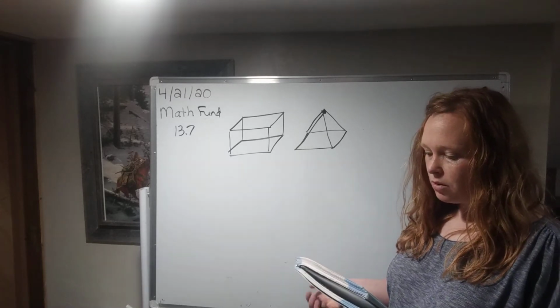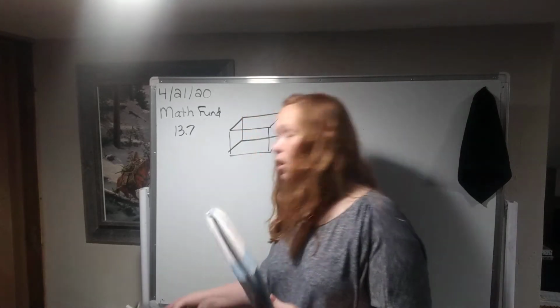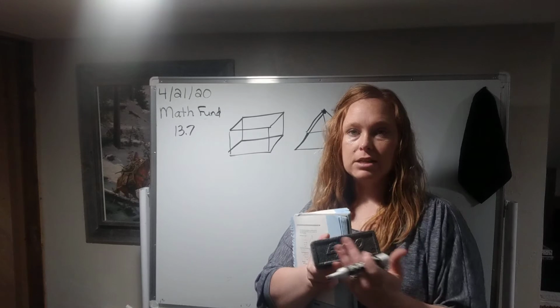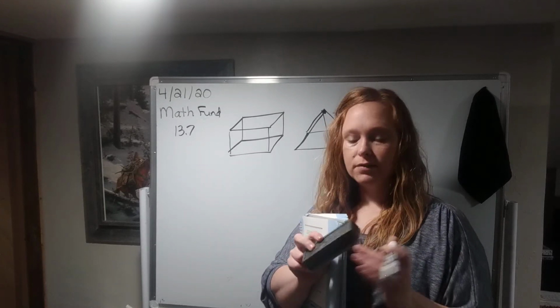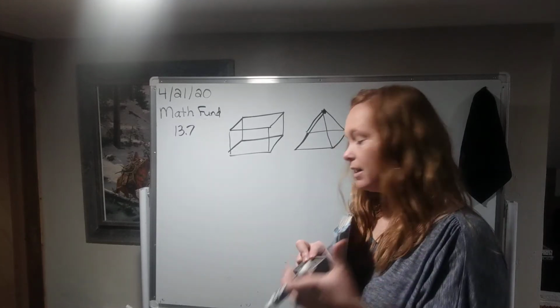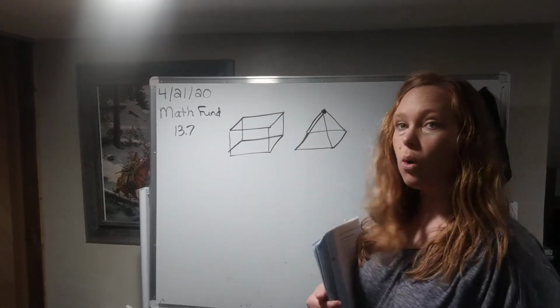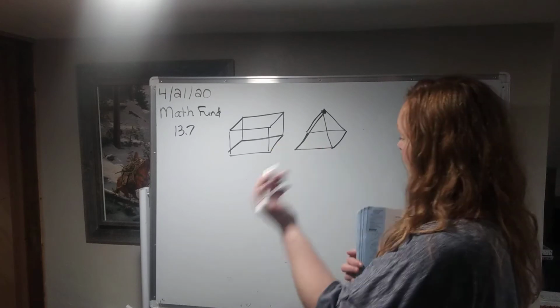Okay, so surface area is if I wanted to know what is the area on the outside of the shape. So I need to know the area of this surface, the area of this surface, the area of this surface, and then I add all of the areas together. So I'm not interested in how much it can hold, but I am interested in basically finding the area of the entire shape.